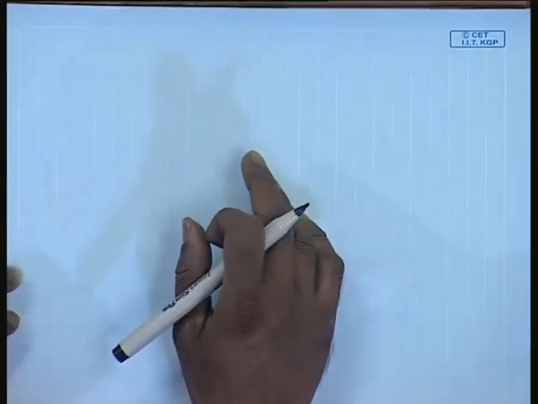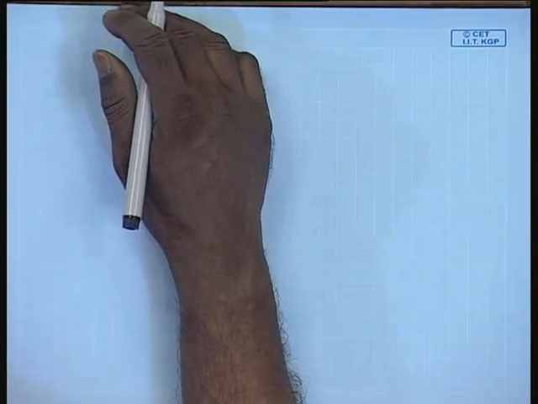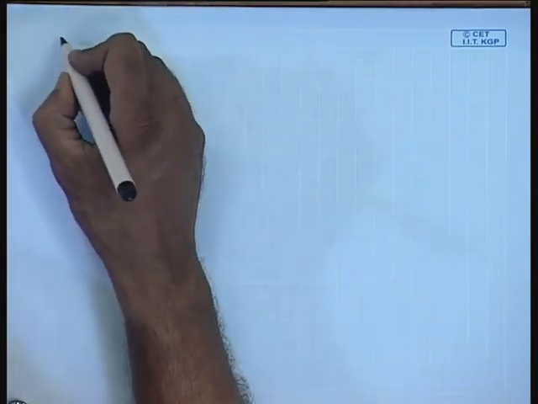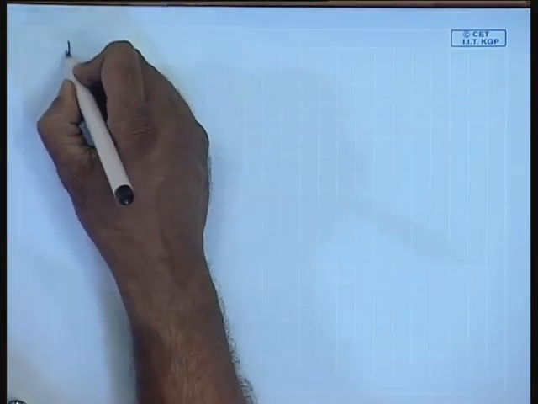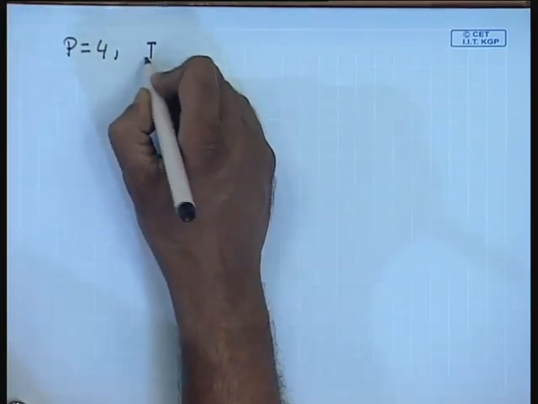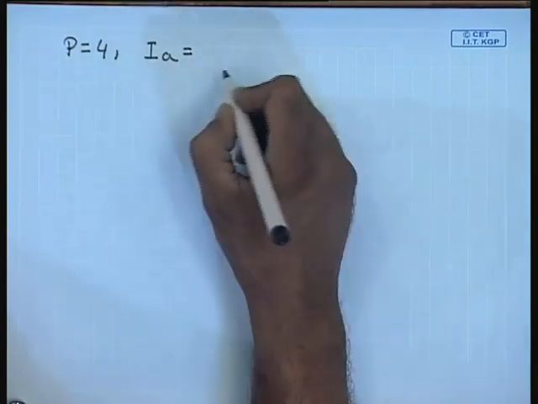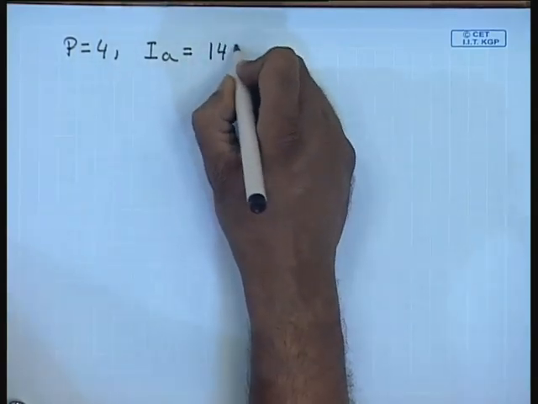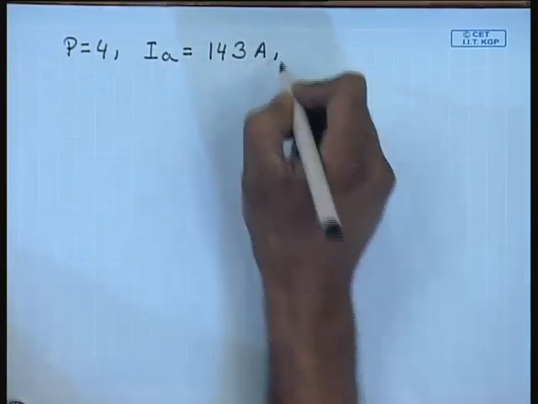Now, let us look at the problem of commutation. Let us say that we have a machine with 4 poles which carries a full load armature current IA of 143 amperes.